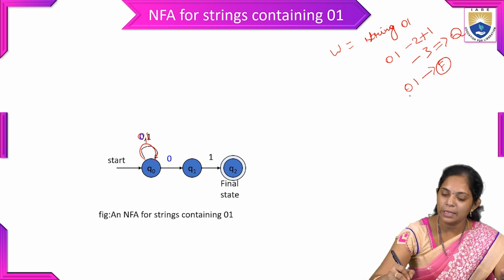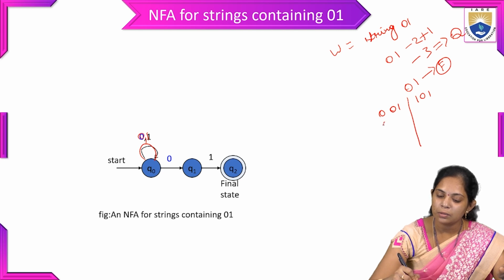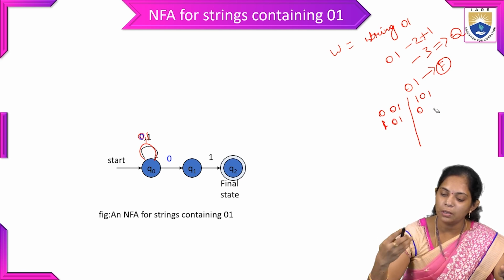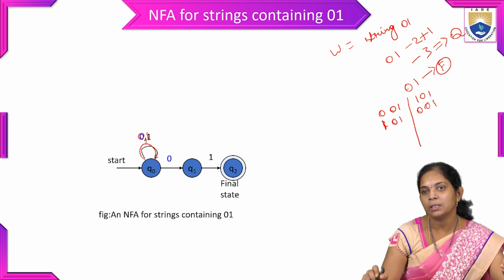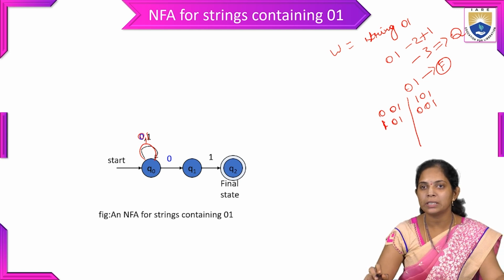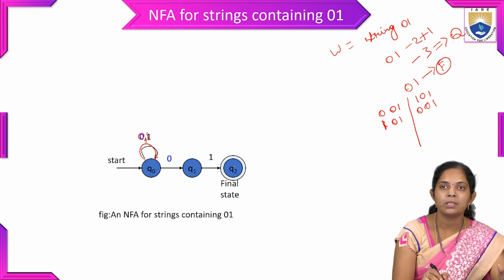So the string starting symbol should be 0 or 1, and there is no limitation. That's why we have taken the two input symbols for the starting state, and then 0, 1 should reach the final state.